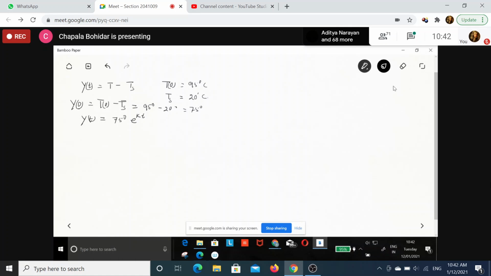When T is equal to 70 degrees, it is given that dy by dt is equal to minus 1.